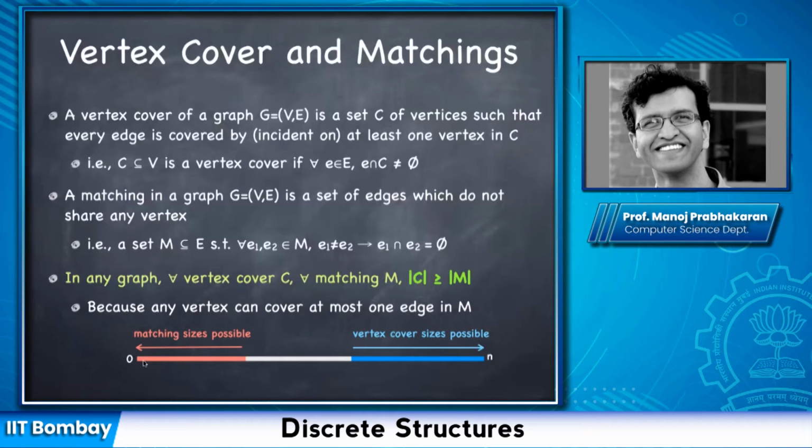And you can keep finding larger and larger matchings, and for every matching you find, you're guaranteed that there is no vertex cover smaller than that matching. So the possible sizes of matchings are in the range 0 to the size of the largest matching, and the possible sizes of vertex covers are in the range from the size of the smallest vertex cover to n, and the size of the smallest vertex cover is greater than or equal to the size of the largest matching.